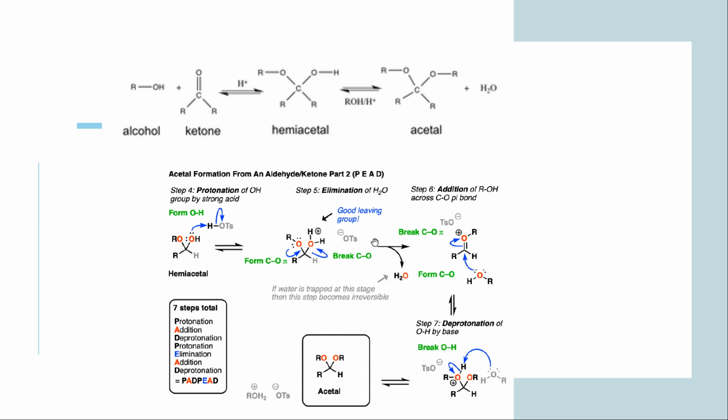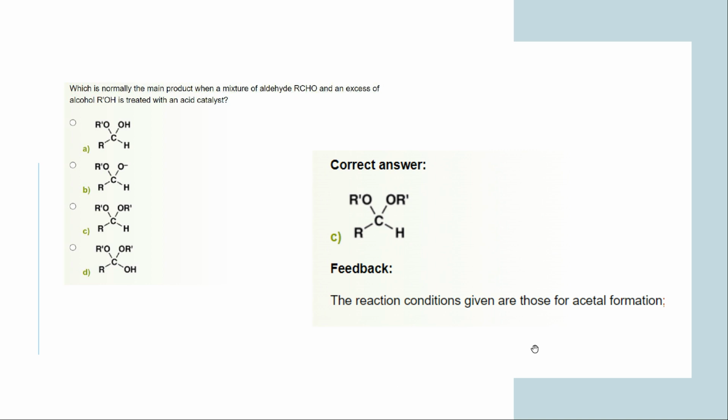And in the subsequent step, the second equivalent of the alcohol comes, attacks the intermediate, and deprotonation of the intermediate formed will finally lead to the formation of acetal as the product. And thus this is a mechanism which acetal formation reaction follows in presence of acid catalysis. Thus option C will be the correct answer.